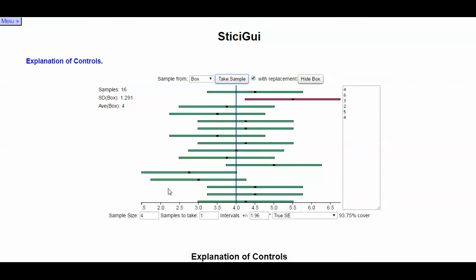And then what I want you to do next is pick a different, bigger sample size, and do it 100 more times. Once again, count how many of them cross over out of 100, but also I want you to pay attention to whether the intervals become narrower when you switch to a bigger sample size.